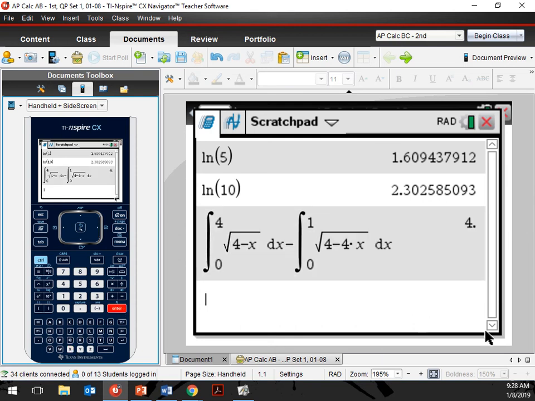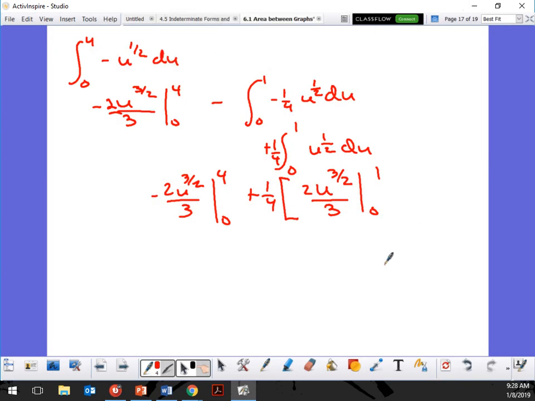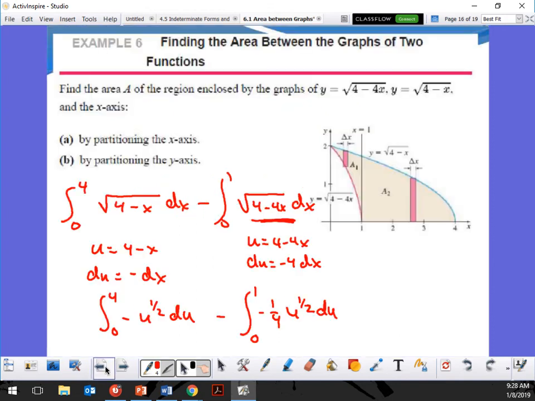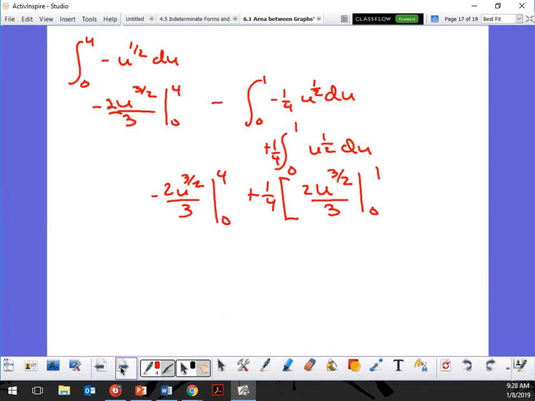There we go. Just 4. All right, so we did that one. Now, what would I have to do to turn it into around the y-axis here?